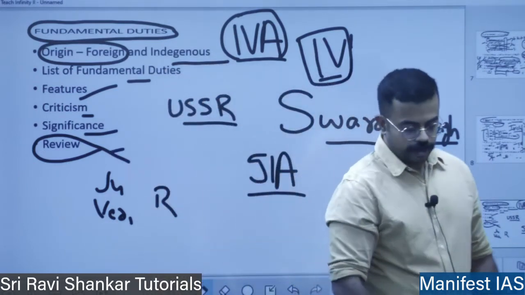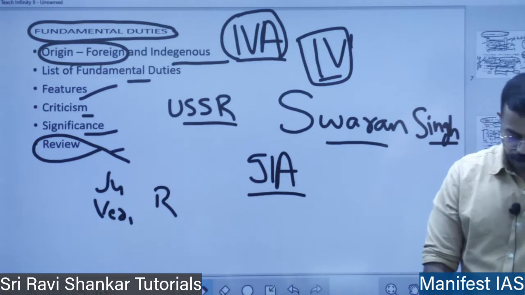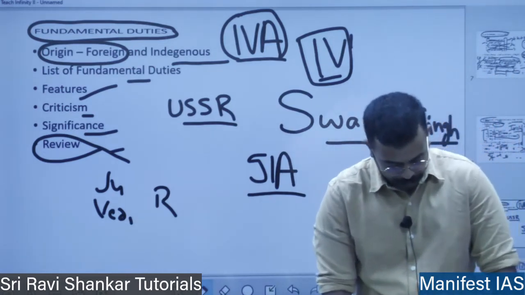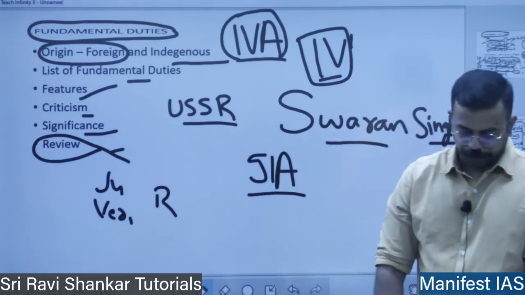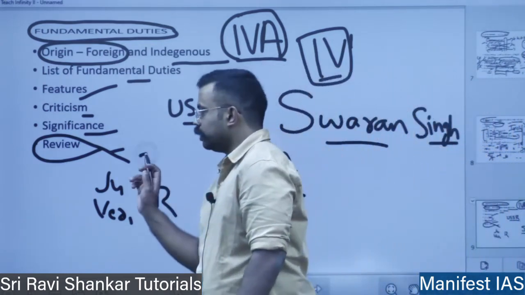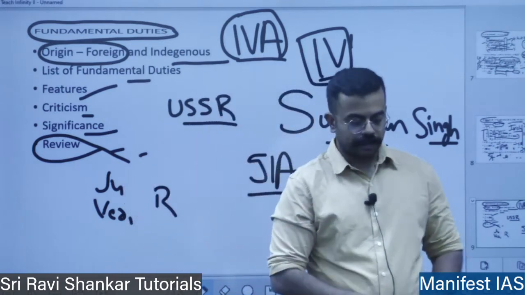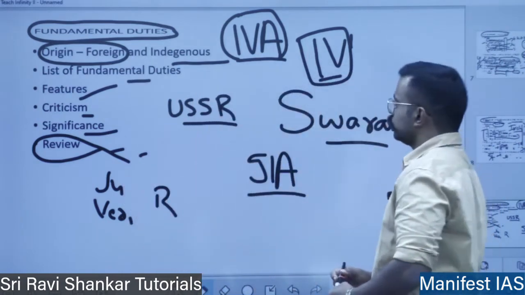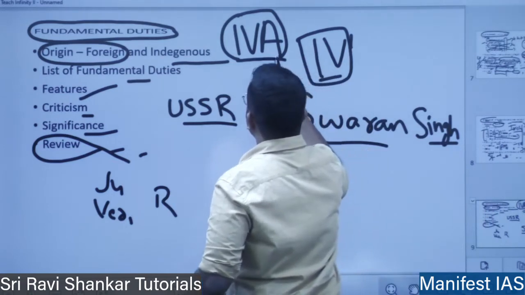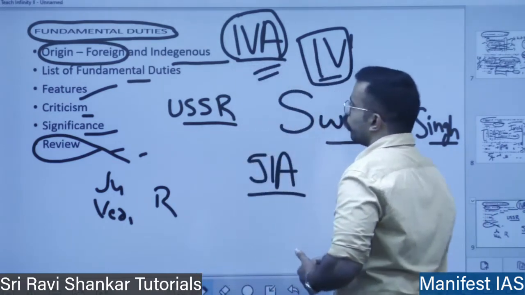One is the Prevention of Insults to National Honour Act. Even the Unlawful Activities Prevention Act, Representation of the People Act and Wildlife Protection Act have their source in the fundamental duties. So this concludes your chapter on fundamental duties, which is Article 51A.